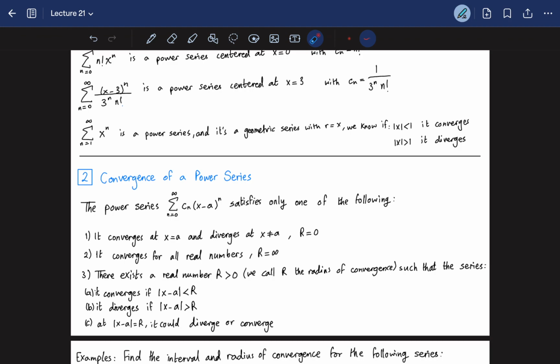Now, the third case that could be possible is if we have a real number r, which is the radius of convergence. We can have the series convergent at anything that's less than my radius of convergence, so |x minus a| is less than r.